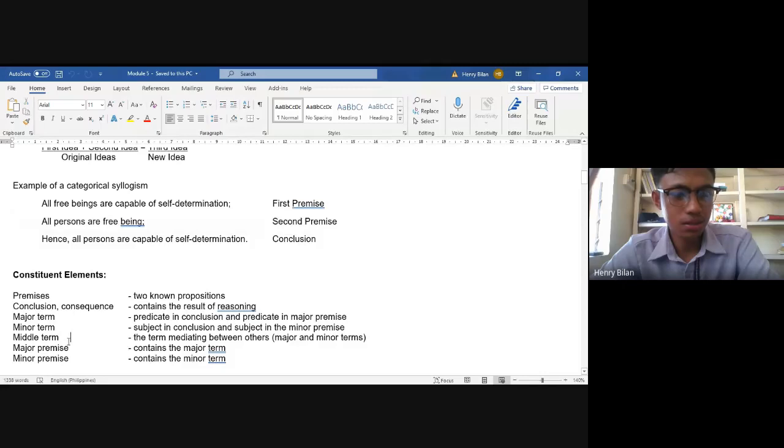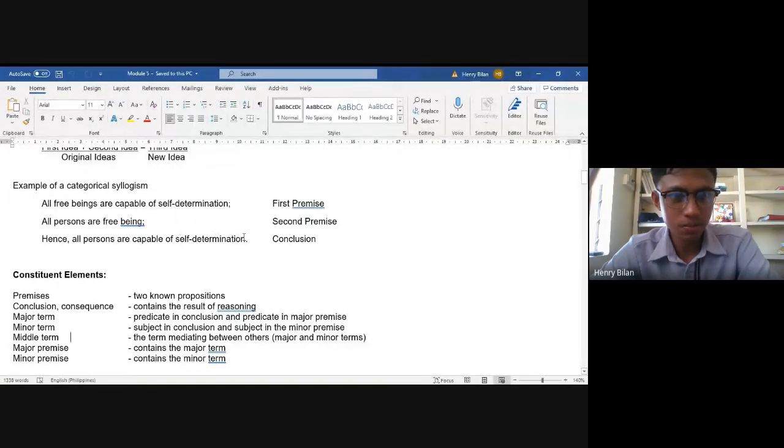But if you're asked about the middle term, that's the time that you proceed to our premises, because it is there that you can find the middle term. Yung term na wala sa conclusion, yun ang nandoon sa premises natin. At yun yung middle term natin.